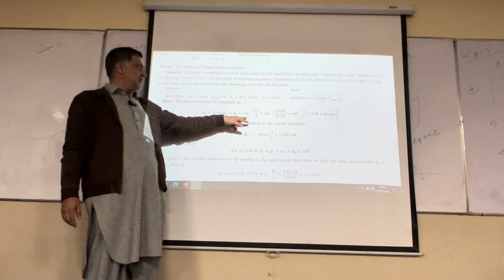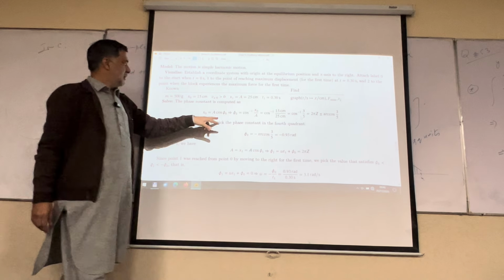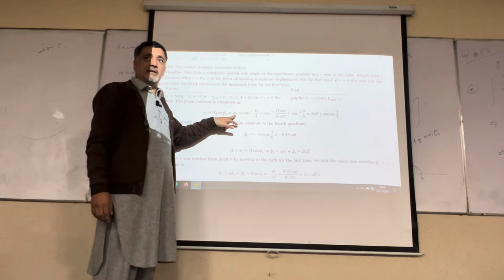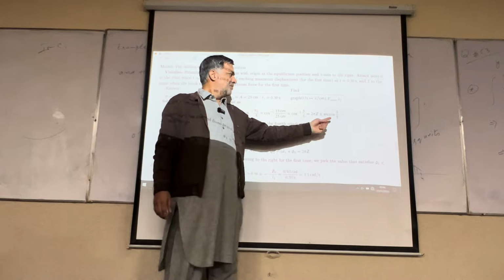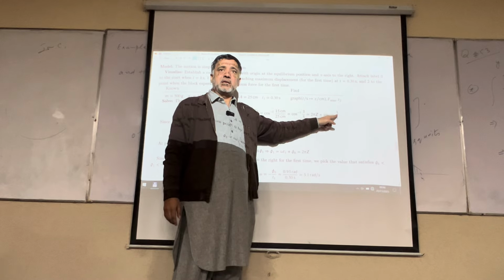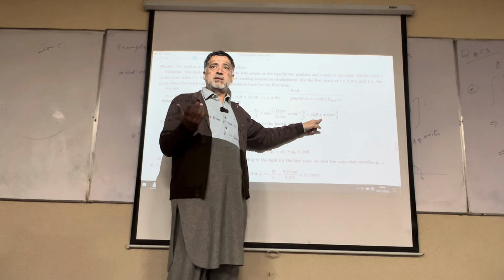And then you plug these values, and then phi naught is cosine inverse of 3/5 when we get to the calculator. That will be a value, and that can be either plus or minus. We cannot say that.